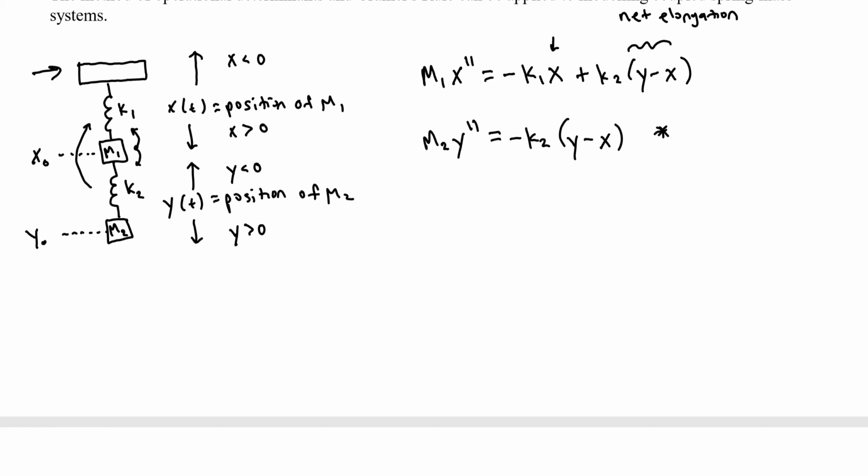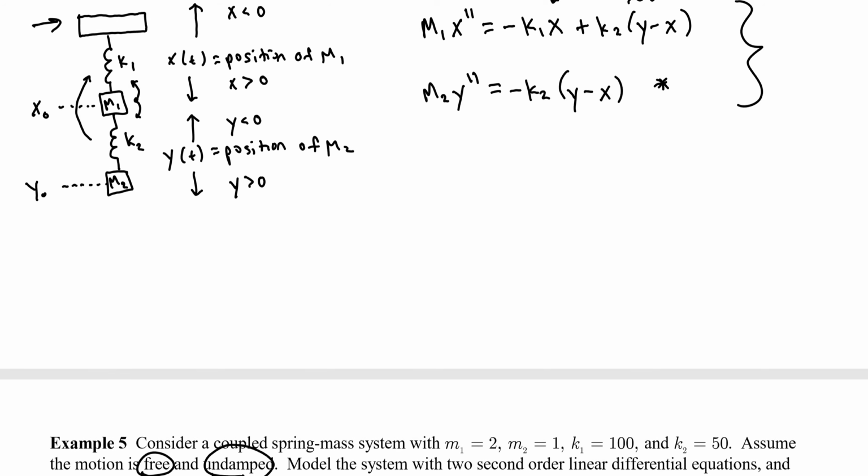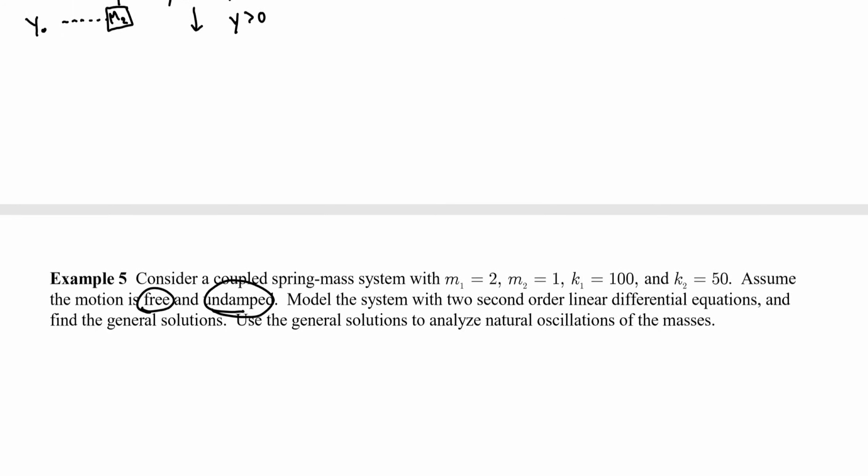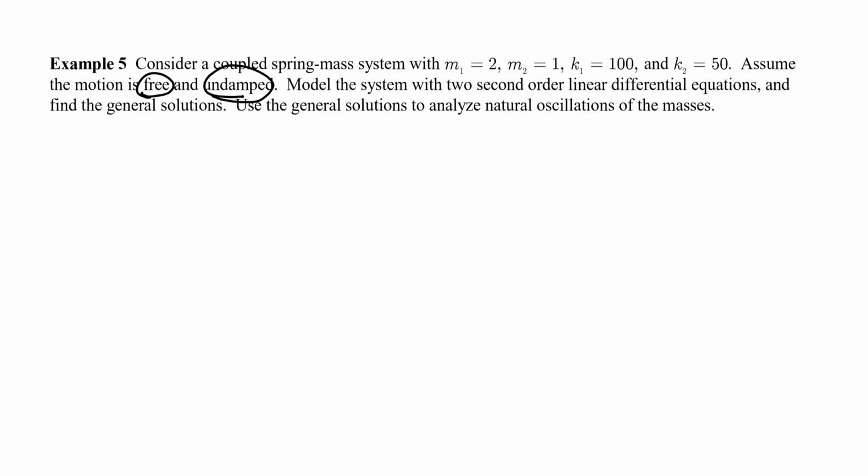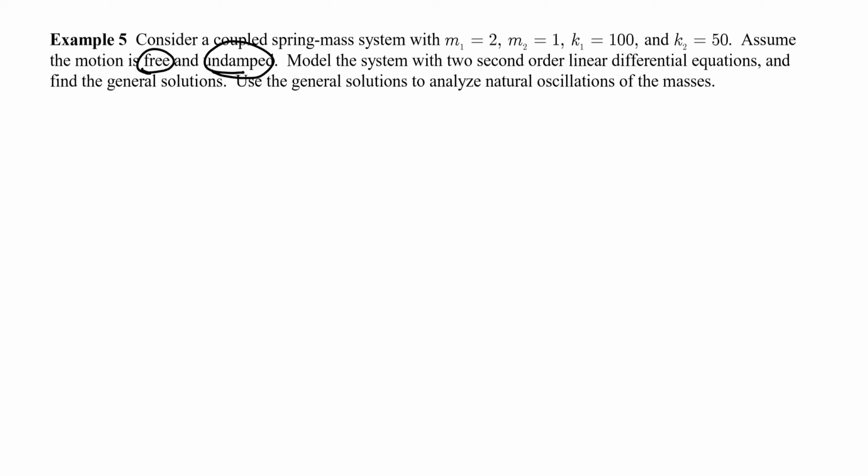Free motion indicates that there's no damping, there's no resistance to the velocity of those masses, and these two equations will model our system. So plugging in our specific constants, no units are given here, to keep it very simple, we can set up our system as follows.